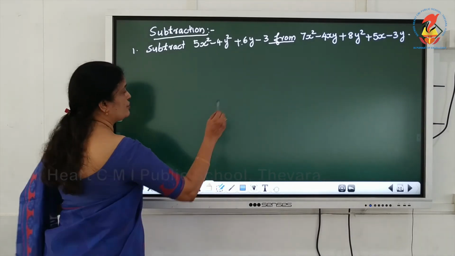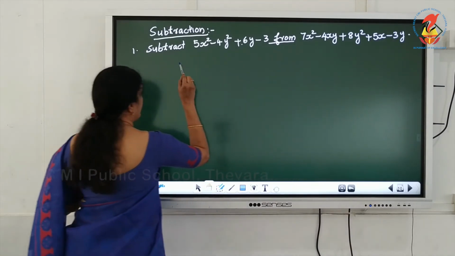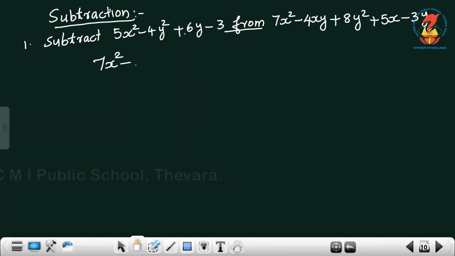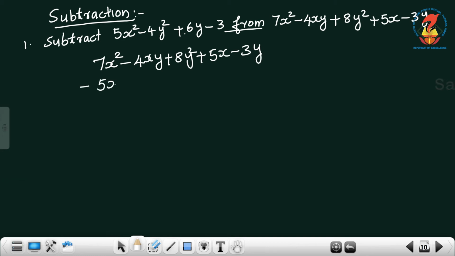First we write this algebraic expression, 7x square minus 4xy plus 8y square plus 5x minus 3y. Take the additive inverse of 5x square: minus 5x square.